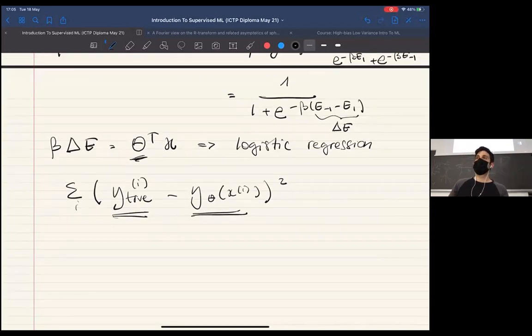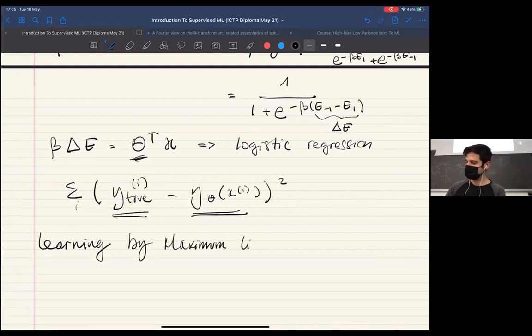So what is the likelihood of our data according to our model here? So now we want to do learning by maximum likelihood estimation.